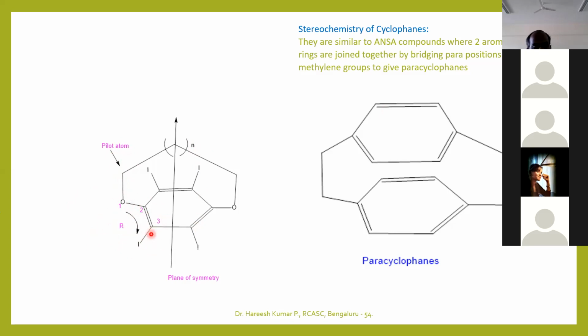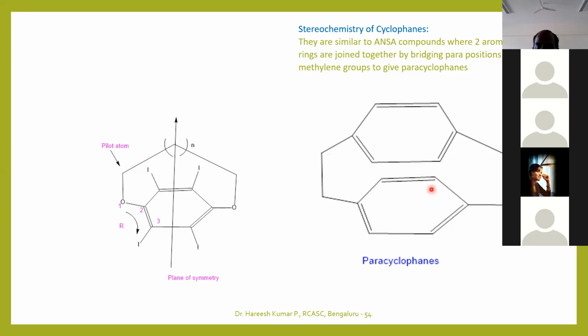Similar to the Ansa compounds, there are other compounds called cyclophanes. In these cyclophanes, you can observe there will not be any heteroatom, but two rings are just above each other.